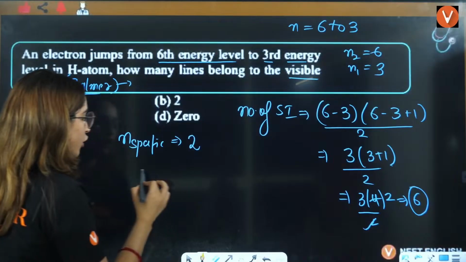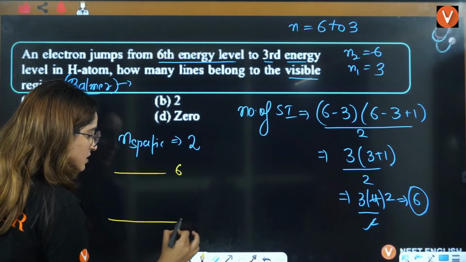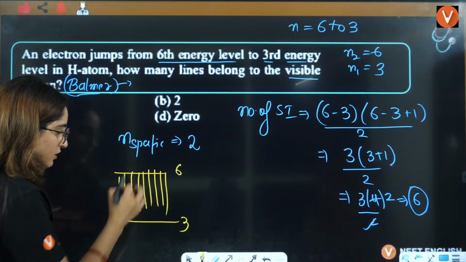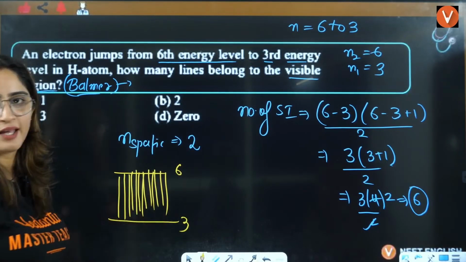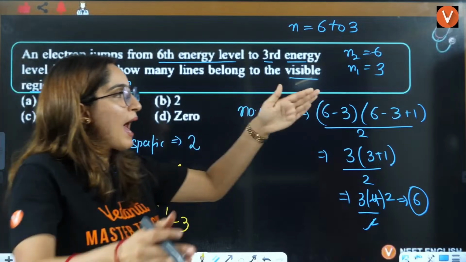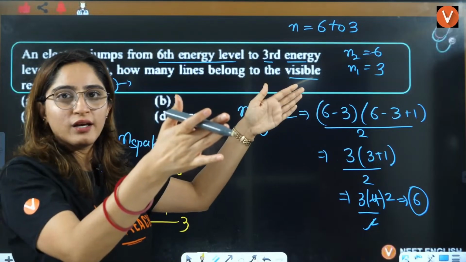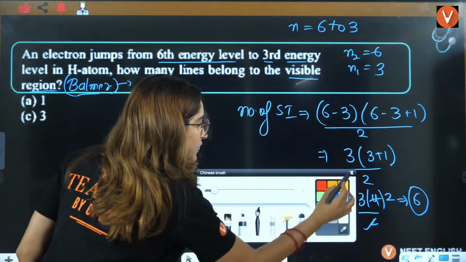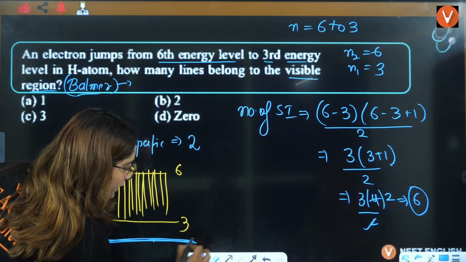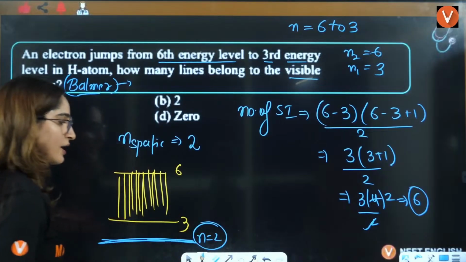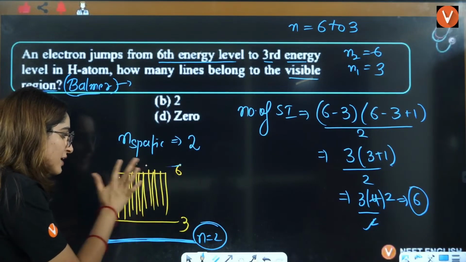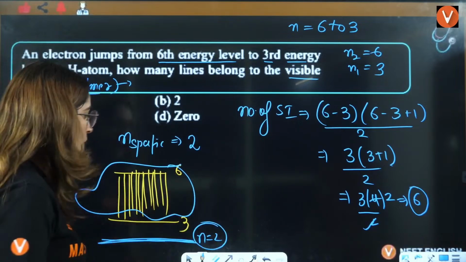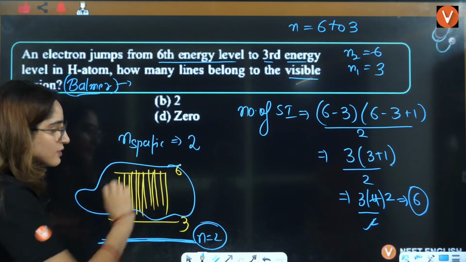Now tell me, this is 6, this is 3. You are calculating the lines from 6 to 3. Logically, if the barrier is 6 to 3, then the number of lines will be between these only. And they are asking which line will fall in n equals 2. If they are saying between 6 to 3, there will be 6 lines, but these 6 lines will be under this barrier.